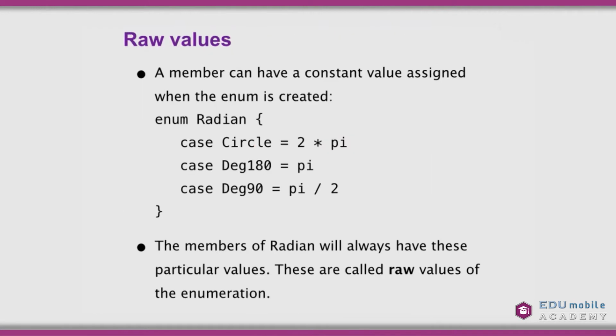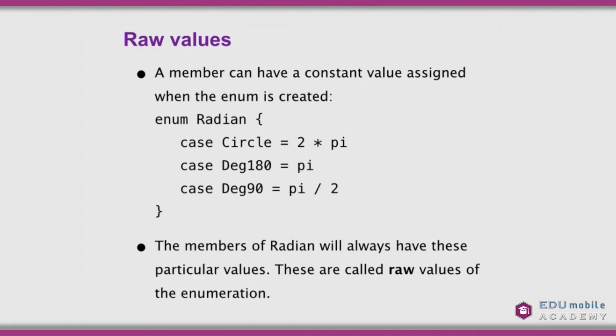Now let's talk about raw values a little bit. A member of an enumeration can have a constant value assigned, any constant value: character, string, double, int, bool, things like that. It can have a constant value assigned when the enumeration is created. So we have an enumeration here, radian, and it says, what's the radian measure for these three things?